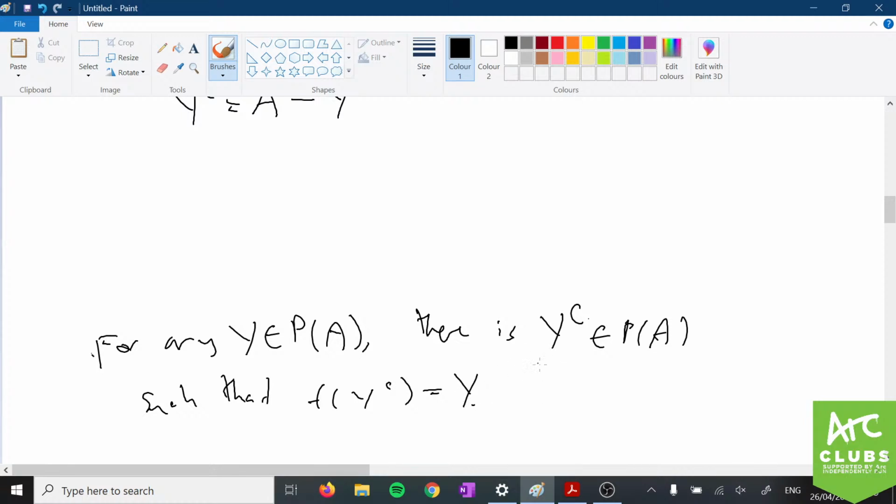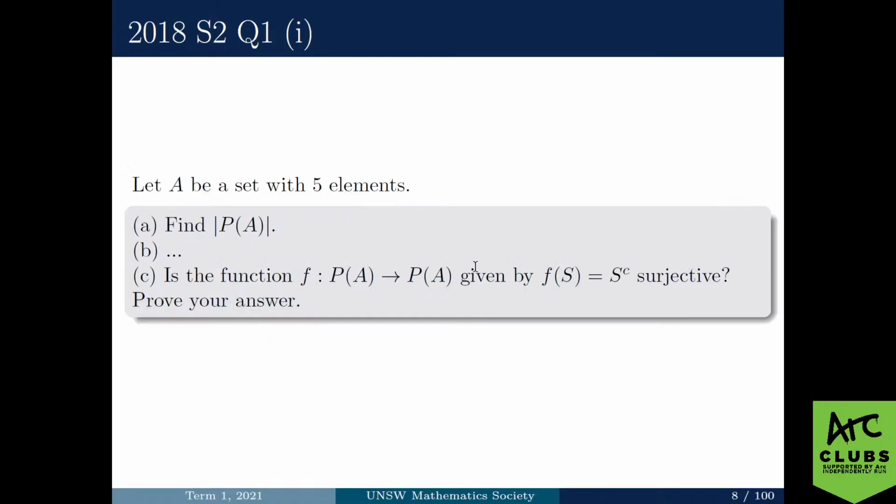And that's why f is surjective. Okay, so that's the proof, and that's the question done. Any questions?